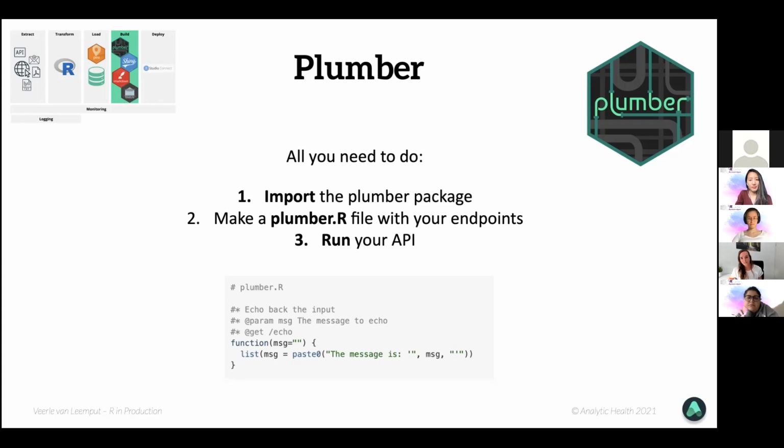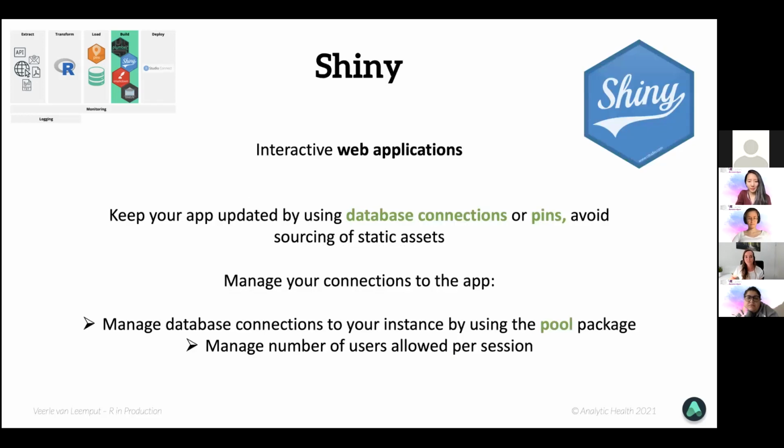And the APIs that we are building are used in other products that we develop too. For example, our Shiny apps. Because as I said in the beginning, our main products that we currently have are Shiny apps. Shiny apps are these interactive web applications, if you don't know Shiny. It's an easy way to make really good looking apps.